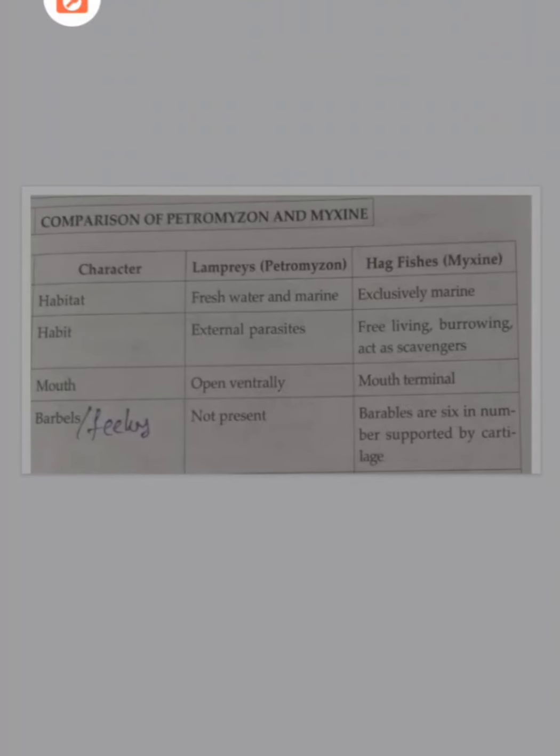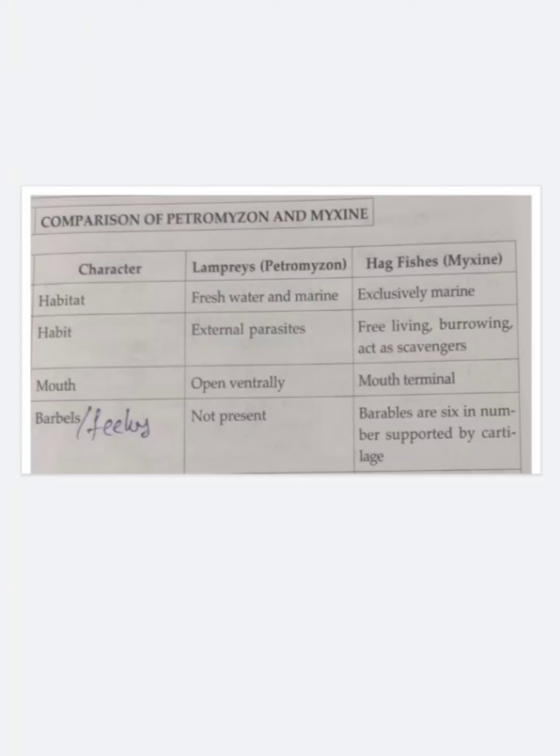What are the differences and what are the similarities between Petromyzon, which is also called a lamprey, and another best example of cyclostomata, Myxine, which is also called a hagfish?